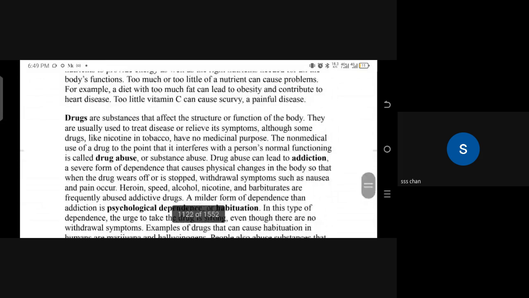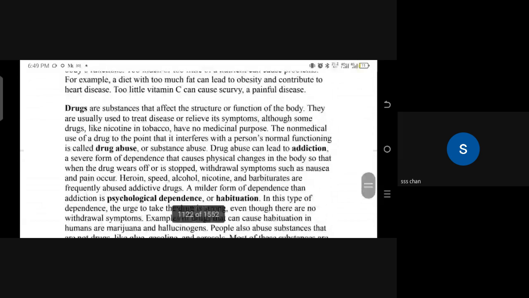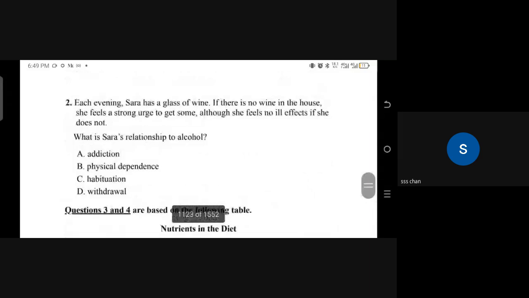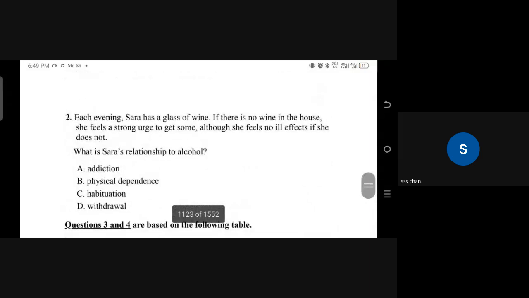Then we talked about drugs. Quickly, when there is a severe form of dependence, the first question which we answered, about Sarah, involves her complete addiction.